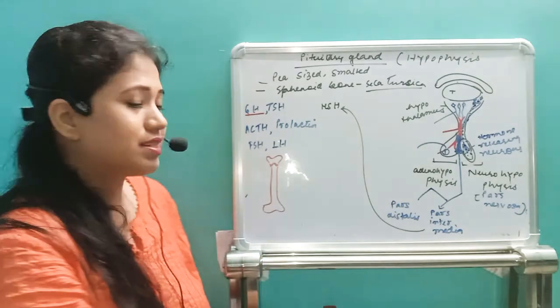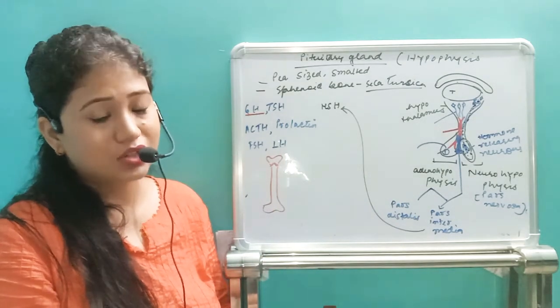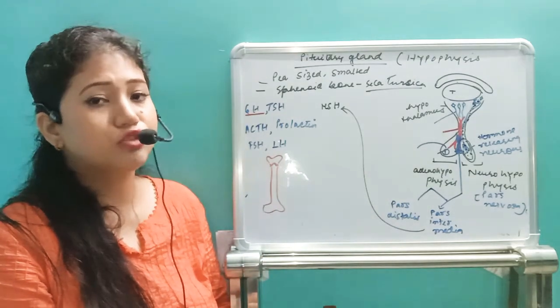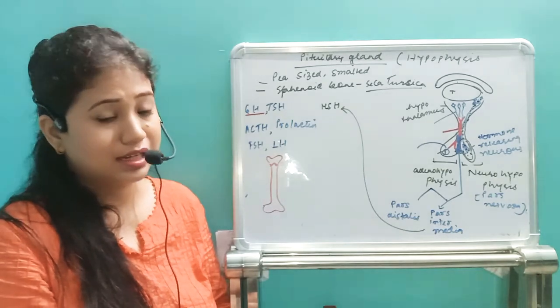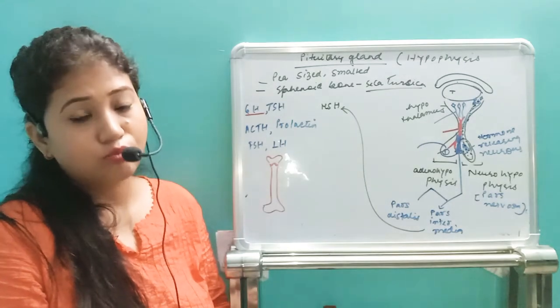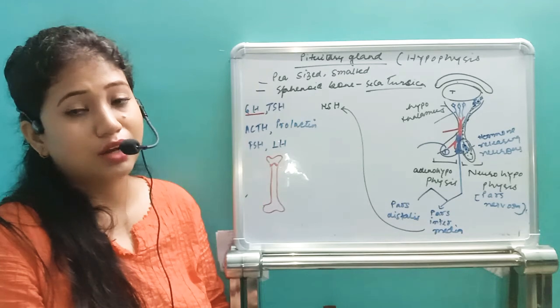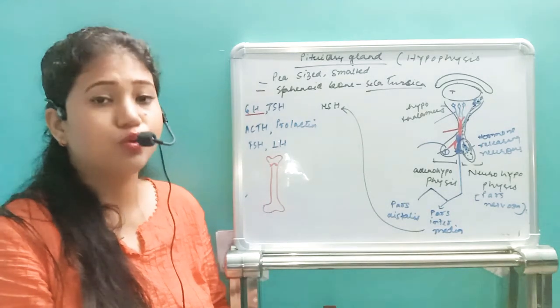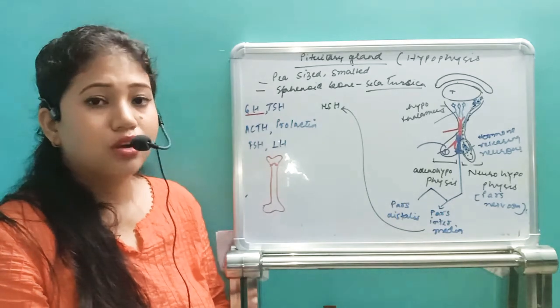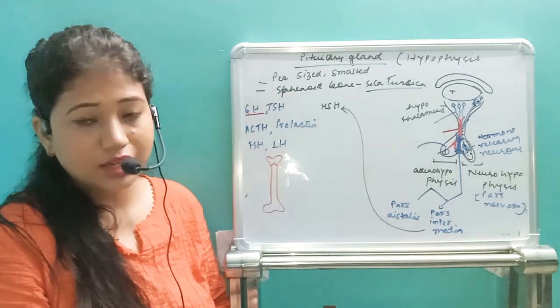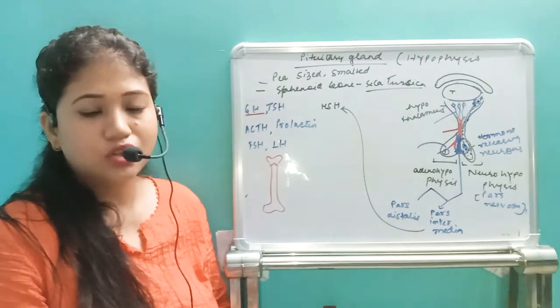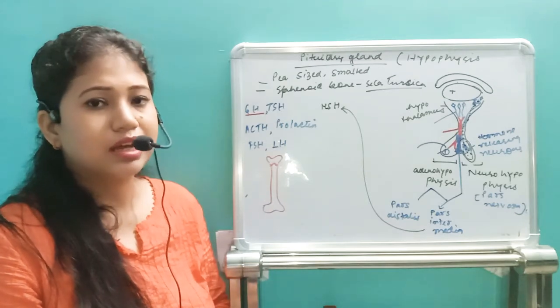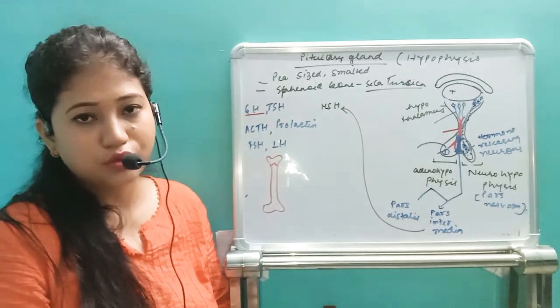Next one, that is FSH. FSH and LH are called follicle stimulating hormone and luteinizing hormone. Both these hormones are called gonadotropins. Gonadotropins means they act on the gonads to produce mature gonadal hormones, right? Or to process oogenesis and spermatogenesis.